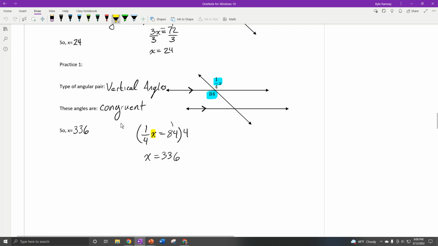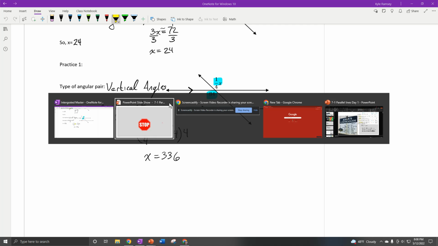You might be saying, hey, 336 is a lot larger than 180, but remember, we're taking 1/4 of it, so it's going to reduce down to 84, which is less than 180, so it's still fine. We need to make sure we have that straight. All right, so at this point, we're going to jump back over to here and continue on.